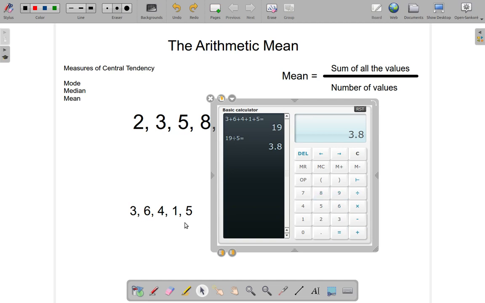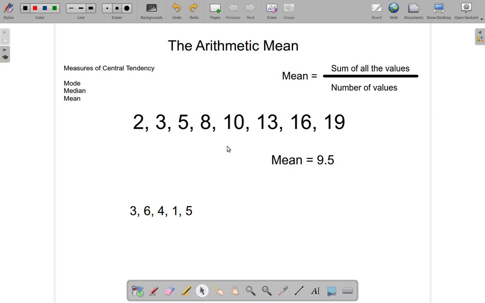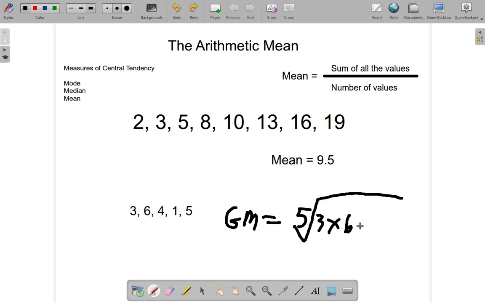That's it, arithmetic mean. There's another thing they call the geometric mean. That's why you see books, websites and so on, where they say arithmetic mean. They don't just say mean, because there's also the geometric mean. To calculate the geometric mean of this, let's call it GM for now. It would be the fifth root of 3 times 6 times 4 times 1 times 5.